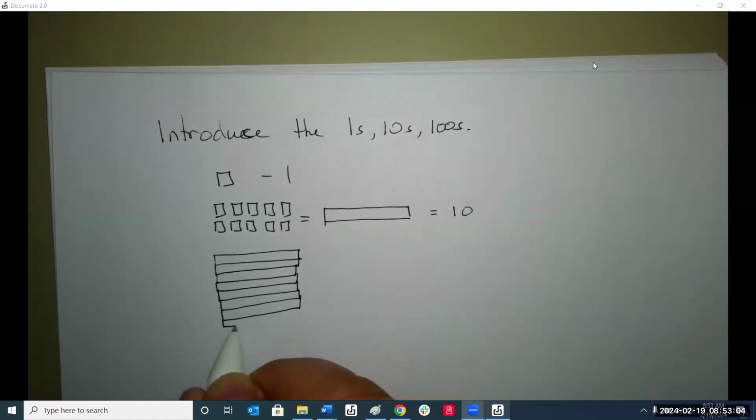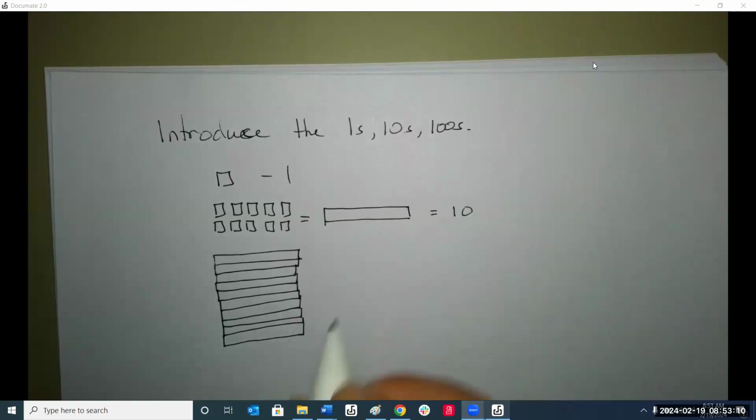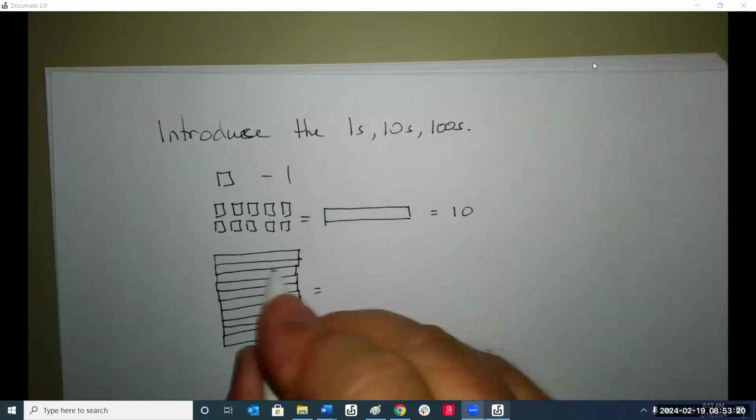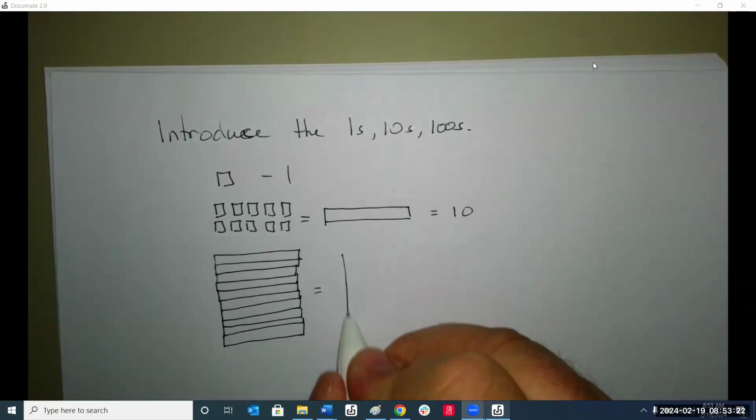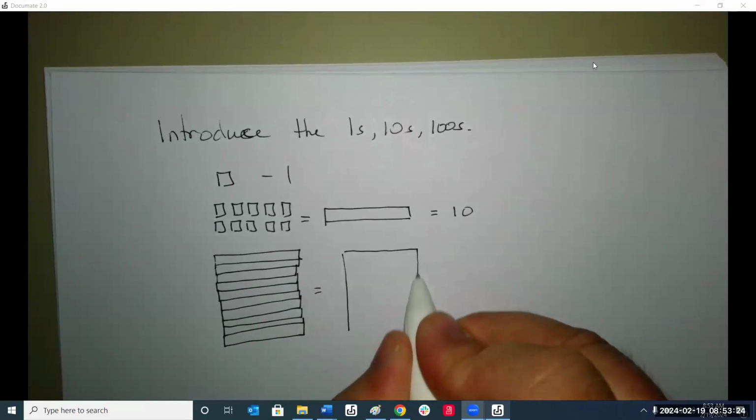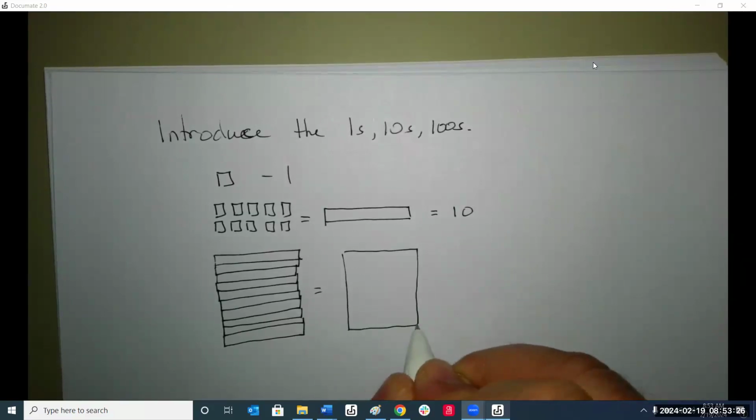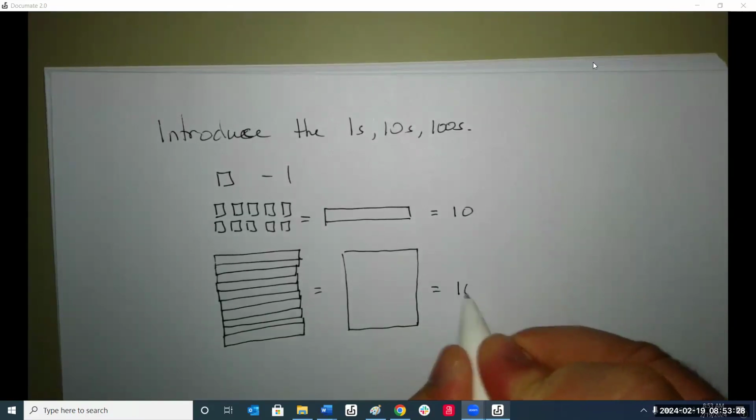Seven, 8, 9, 10. When we have 10 large, 10 block rows, 10 long rows, then we have a big block, which is 100.